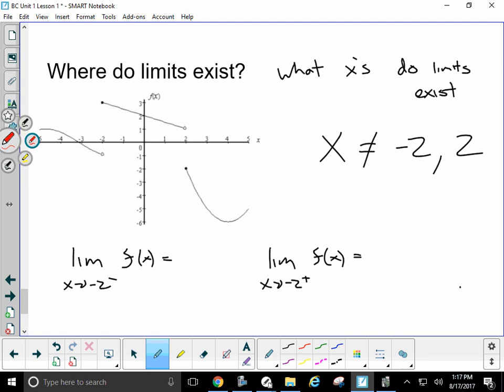Excellent. All right, I think we have a solid understanding. This is -1 and this is 3. As I'm approaching -2 from the left, I'm down here. I'm approaching -2 from the right, I'm up here. So from the left, we're approaching -1. From the right, I'm approaching 3.